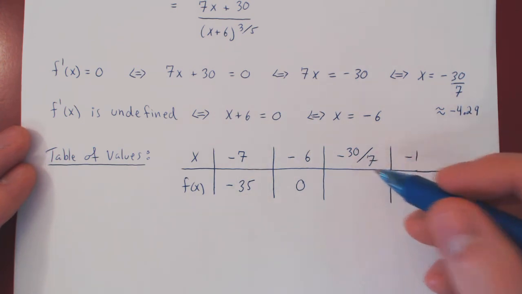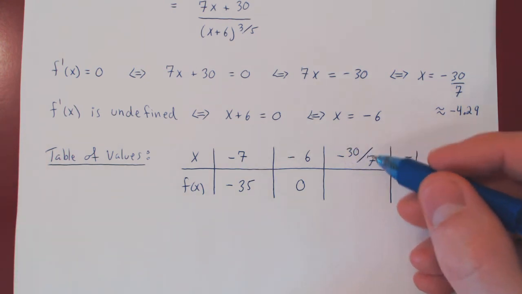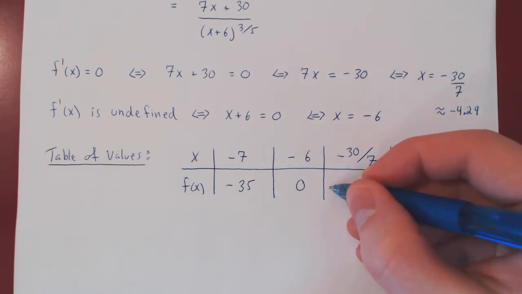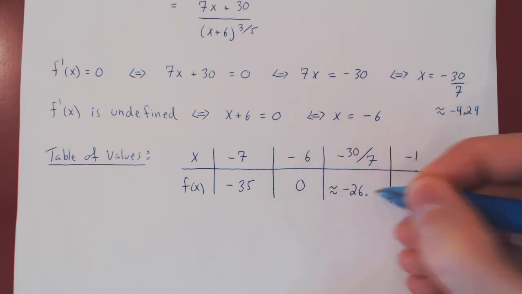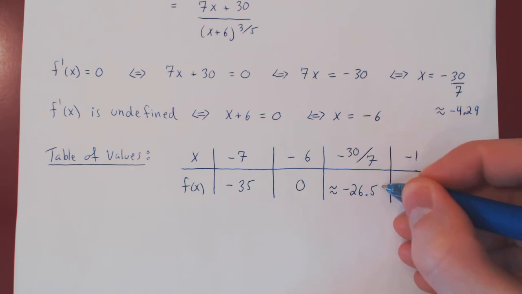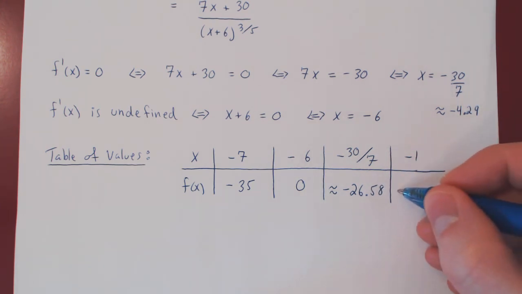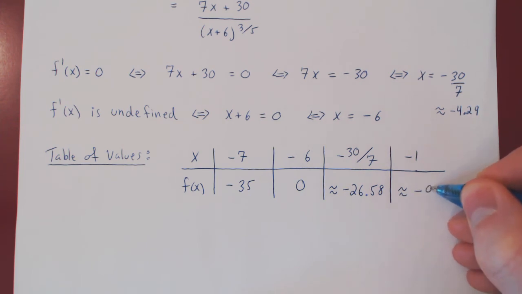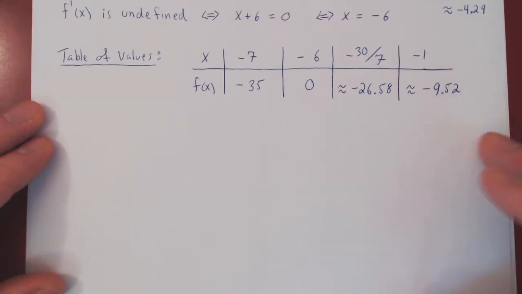And for these two values, you should use your calculator. F of negative 30 over 7, you'll find, is approximately negative 26.58. And f of negative 1, you will find is approximately negative 9.52.